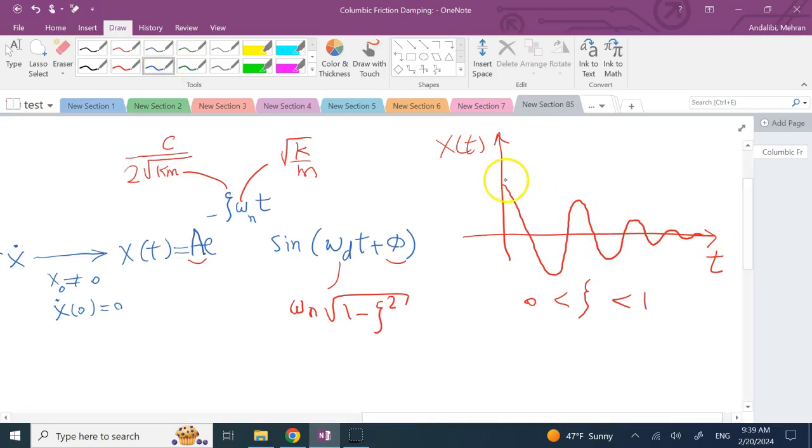And here, the reduction in this amplitude, if you can draw these envelopes, these are exponential functions. Right? So the reduction in amplitude of oscillation is exponential when you have what? When you have viscous damping. This is what you have seen.